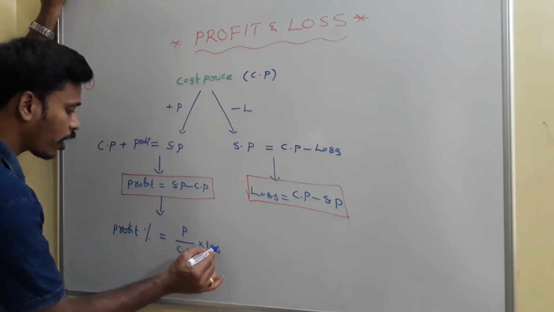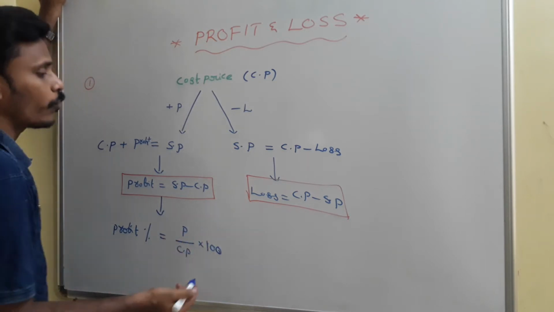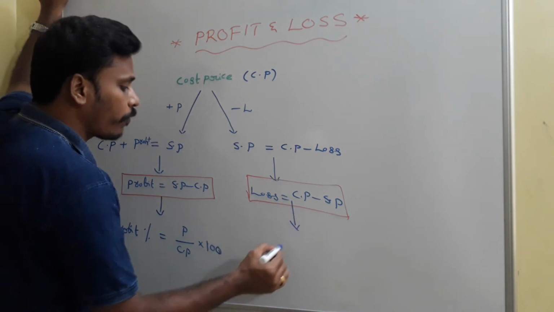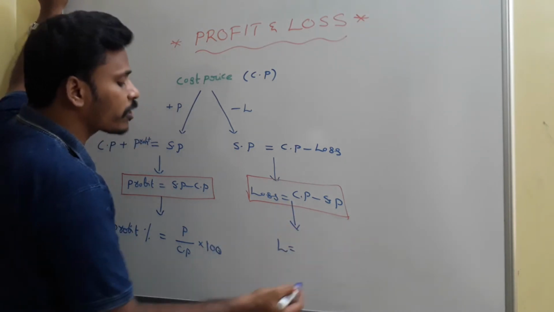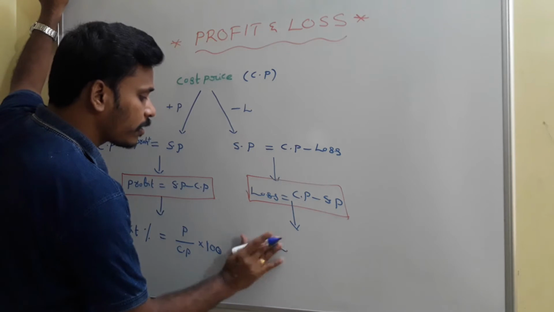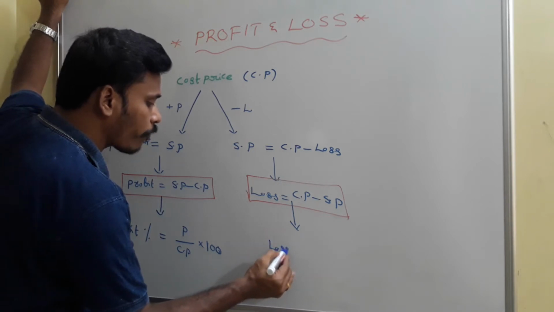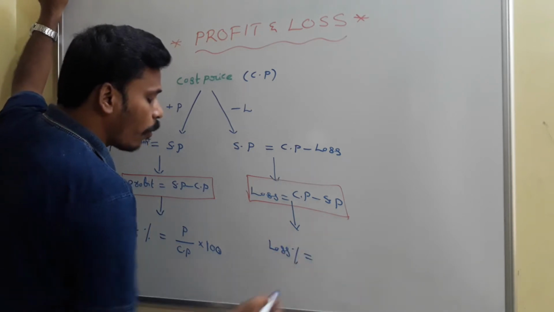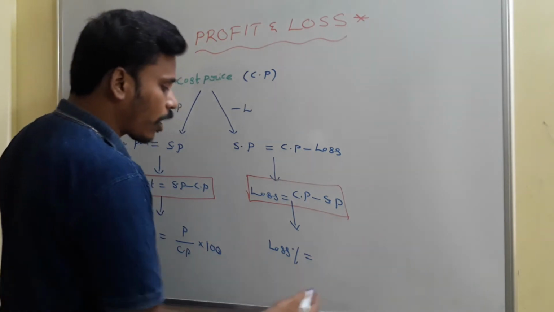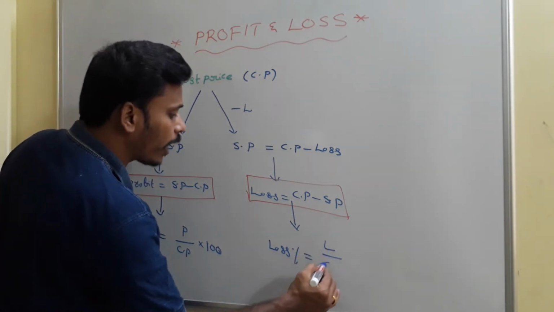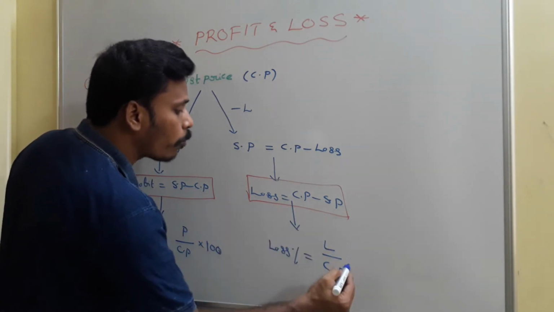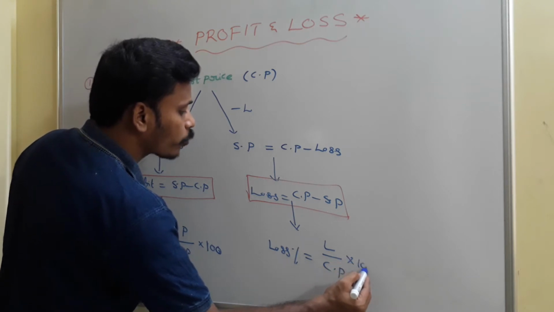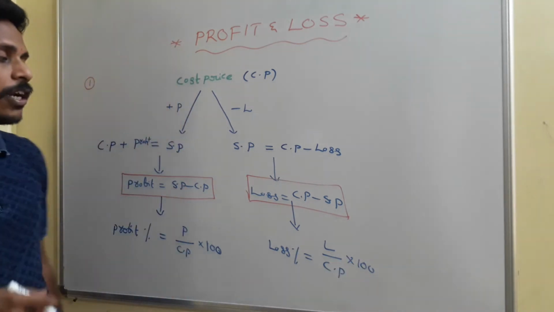Why are we taking cost price in the denominator? Usually we calculate the profit and loss by our investment only, right? Since we calculate profit and loss when compared with our investment, our cost price, we need to calculate this amount is how much percent of cost price, and that's why we need to take cost price in the denominator.